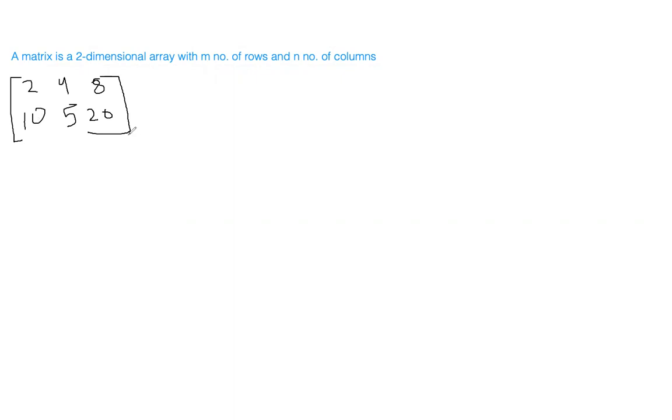In that case, it can be represented by 2 cross 3. That means the representation can be done by m cross n. So any matrix can be represented by m cross n dimension. So this is the dimension of this array.